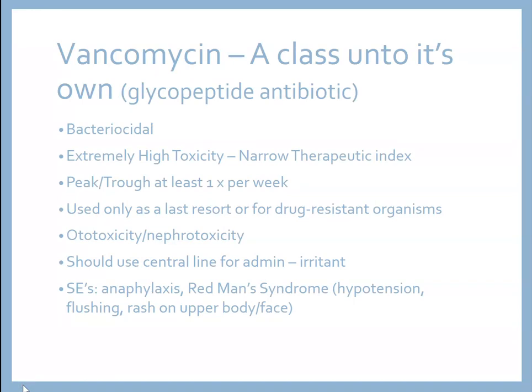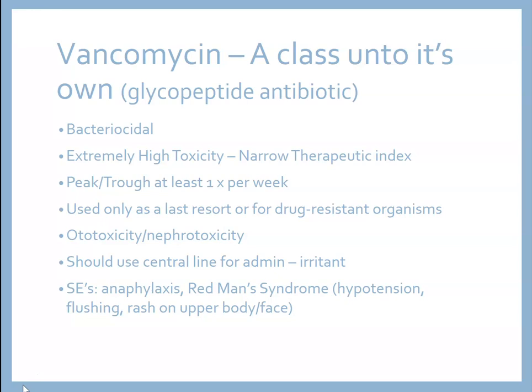Vancomycin. So Vanco, you just talk about Vanco as its own class of medications, but it's called a glycopeptide antibiotic. But most people just talk about Vanco as Vanco. And we know Vanco because it is good for MRSA.